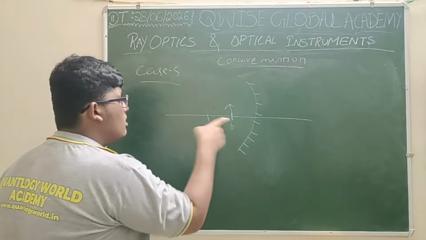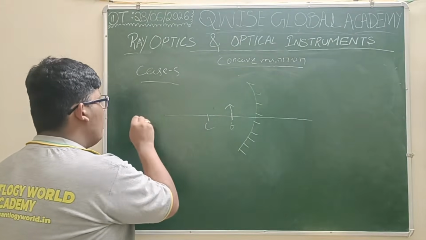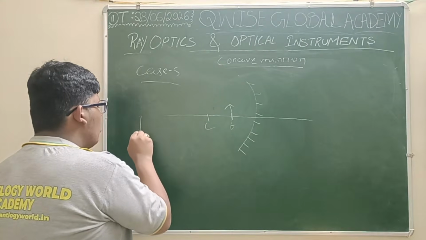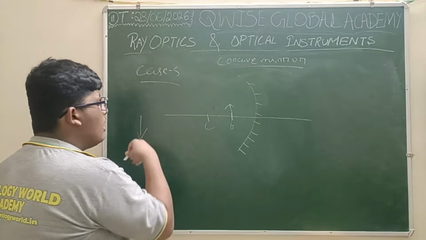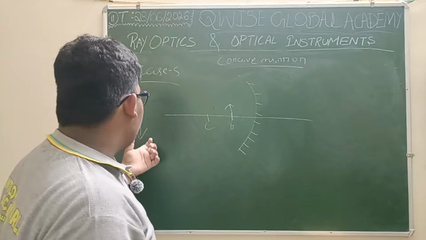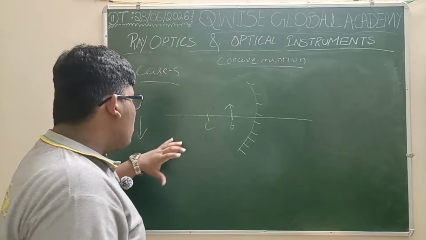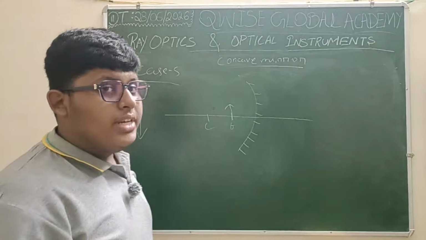This is the object, and the image will be formed here, which is at infinity, real and inverted. Here also the characteristic is highly enlarged, much greater than the size of the object.